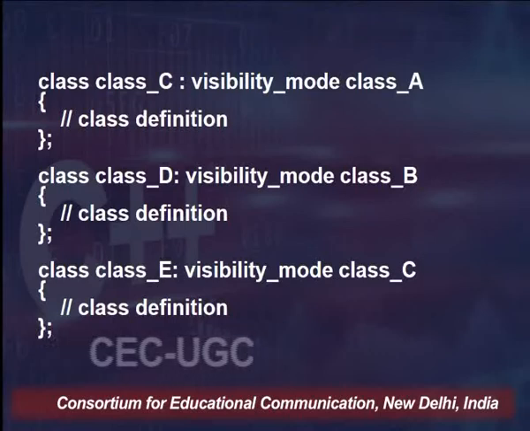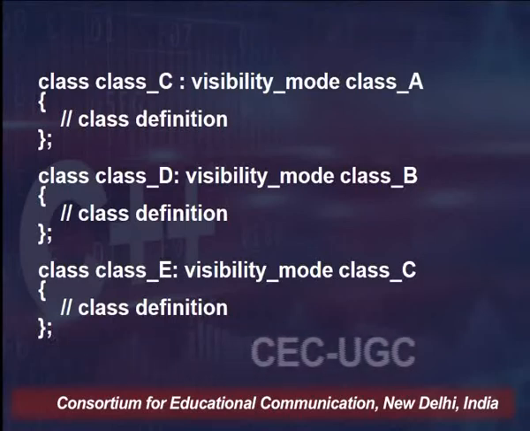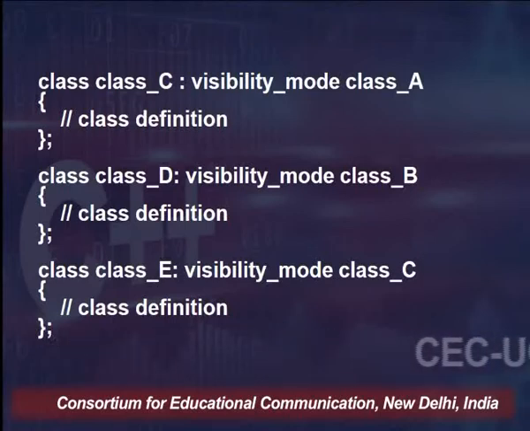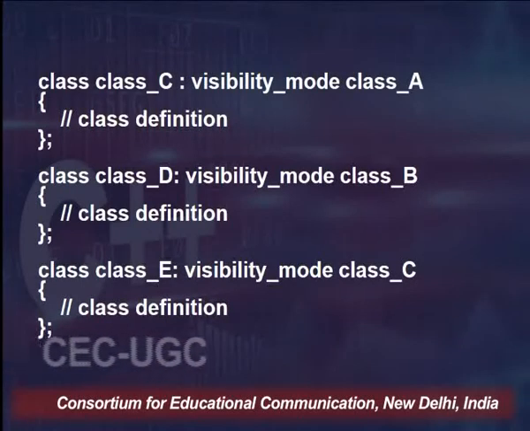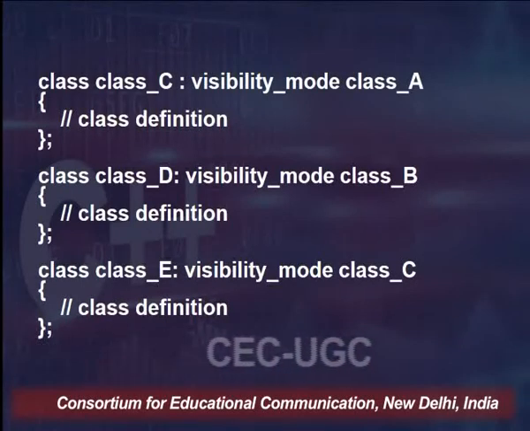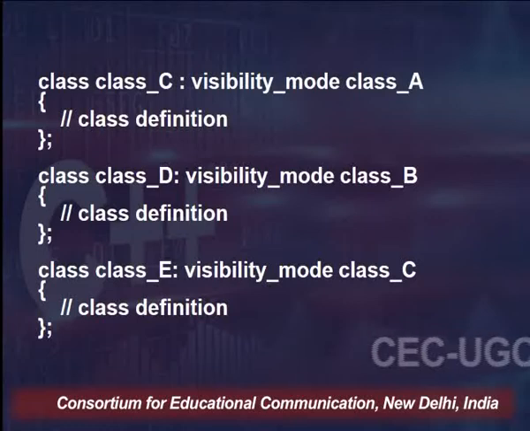Here you can see that class E is inheriting class C in a specific visibility mode. Class D is inheriting class B in a specific visibility mode.